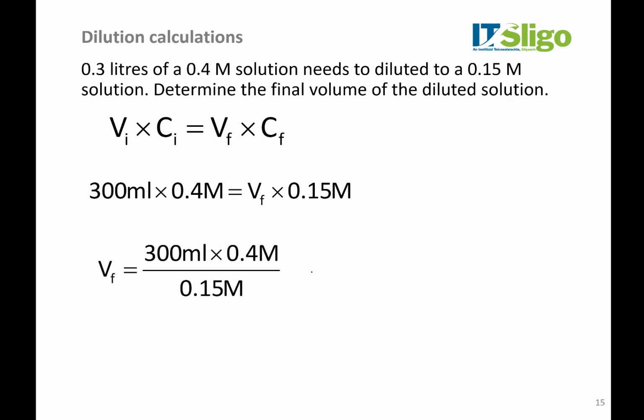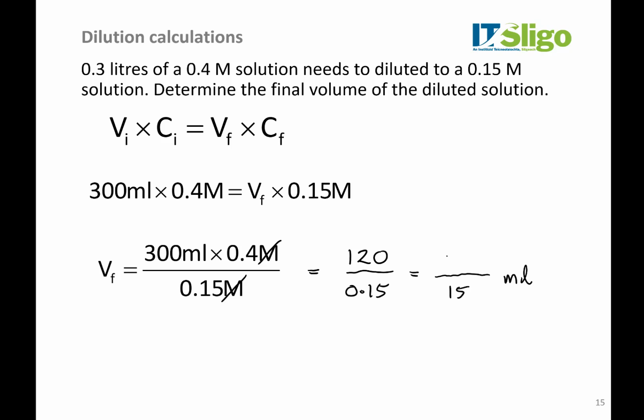Now guys, when I multiply the top, 300 by 0.4 is going to be 120 mL. I'll actually just do the units first. I should have done them. The molarities will cancel, so my units will be in mL. On the bottom, guys, I've got 0.15. Now these are tricky, so don't jump the gun.